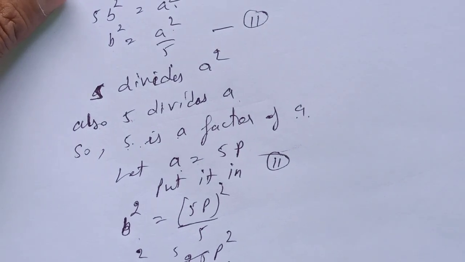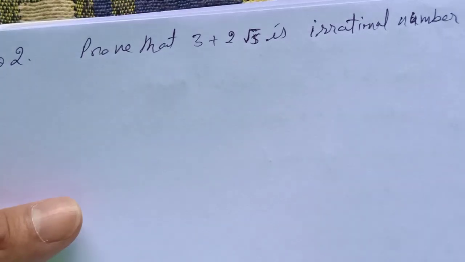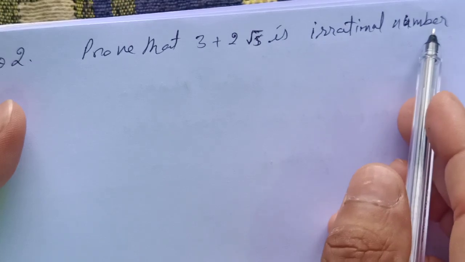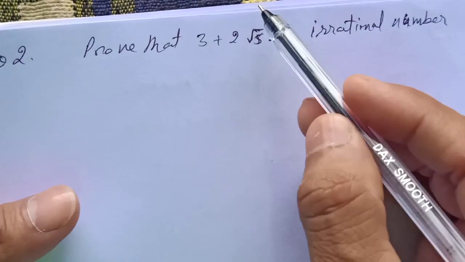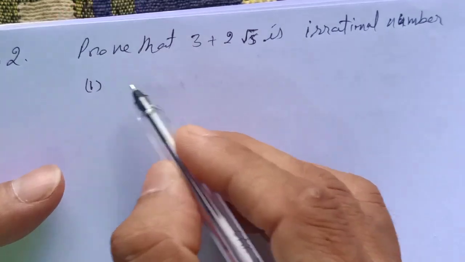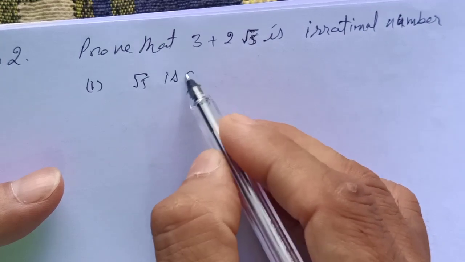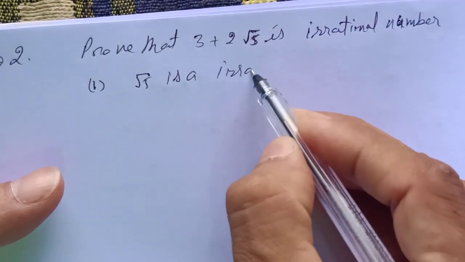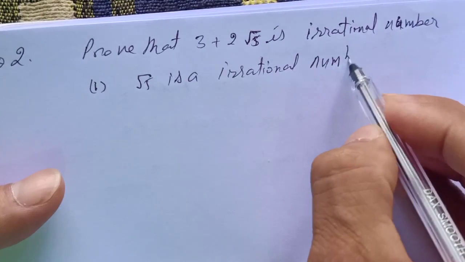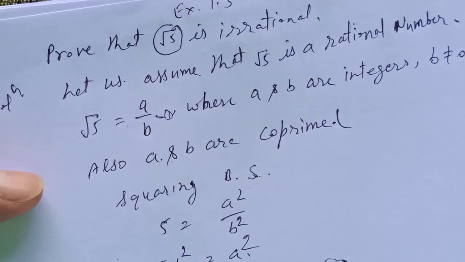Move to question number 2. In question number 2, prove that 3 plus 2 root 5 is an irrational number. To prove this, first we have to prove root 5 is an irrational number, like we have proved in question number 1.